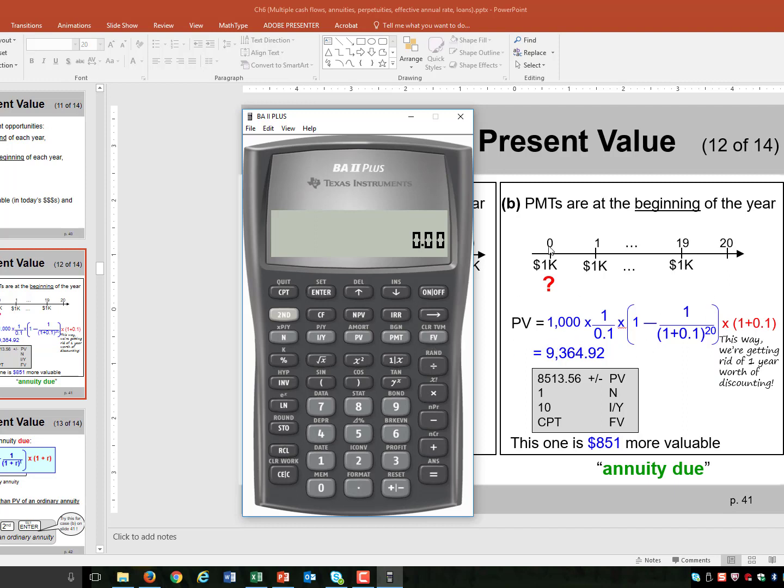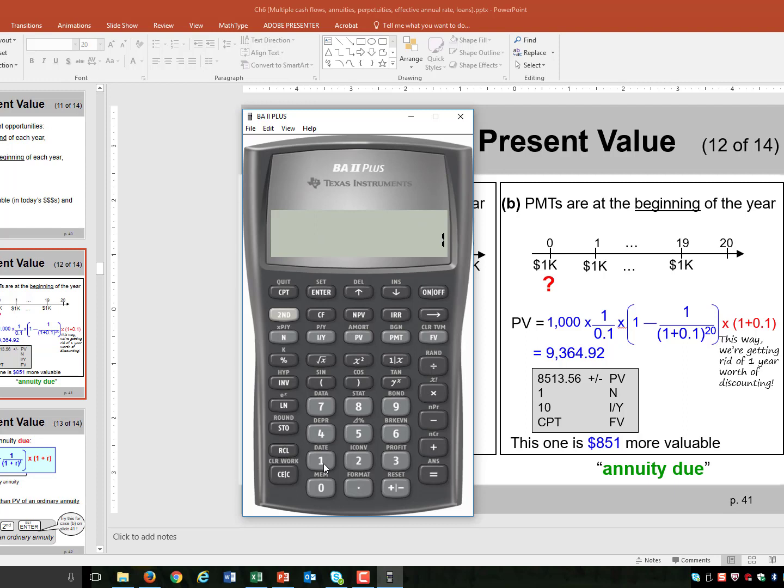Okay, so the present value of the 20 identical future cash flows in today's dollars can be found by taking the answer from part A, which is 8,513.56. Make it negative, that's your PV. And we want to bring it into the future by 1 year. So this way we are adding back 1 year of discounting. We are undoing 1 year worth of discounting.